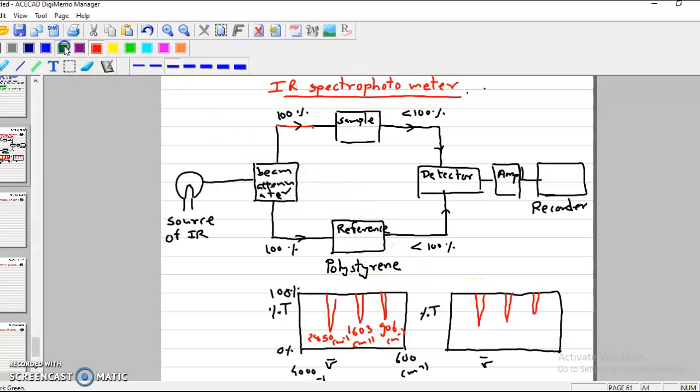Now along with this, we will have many bands due to the functional groups present in the sample, maybe like this.